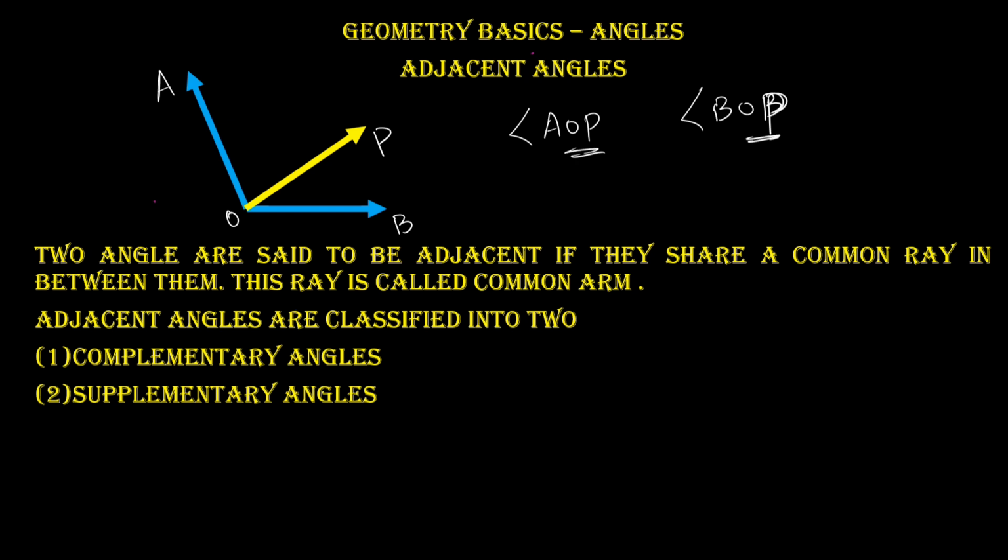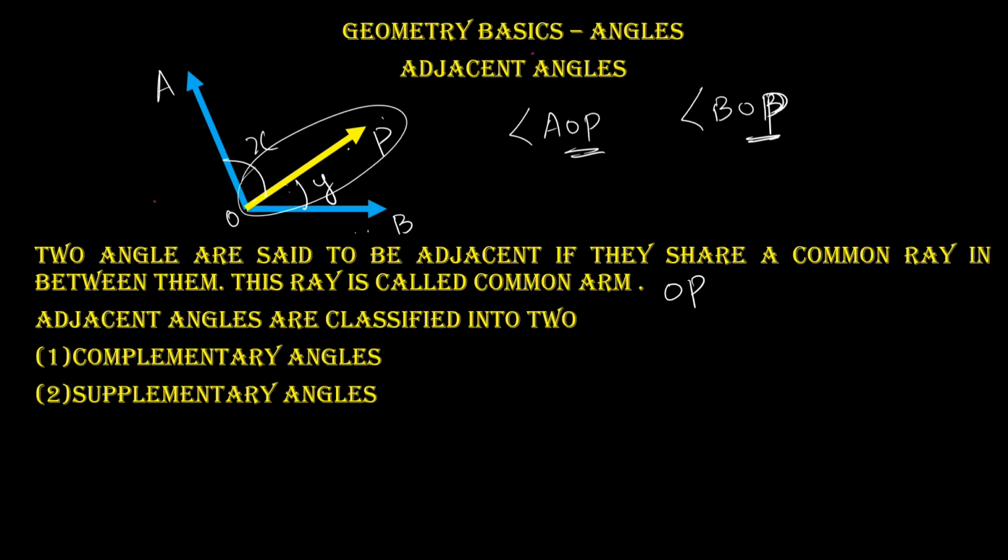AOP is sharing this OP ray with BOP, and BOP is sharing this OP ray with AOP. Then adjacent angles are formed. These two angles X and Y are called adjacent angles, and the ray OP is called the common arm.